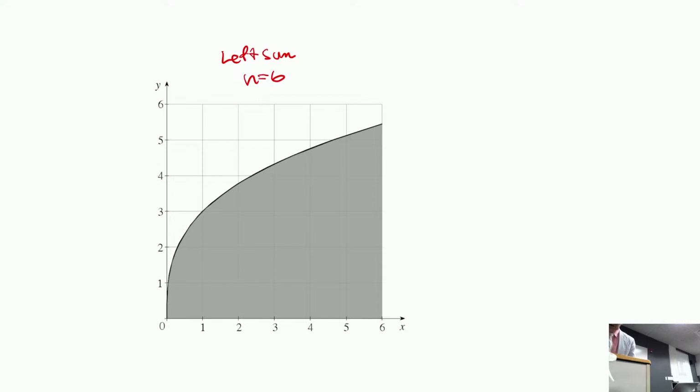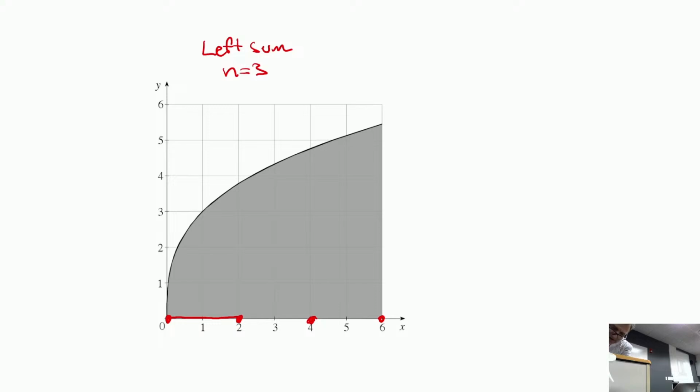All right, let's try n equals 3. I don't know how to make you do it unless I brought this to you, but it's being problematic, so I'll just draw on this. You're dividing this up like this. Those are the bottom corners of my rectangles. As I mentioned, for a left sum, you'll have to trust me that this function has a value of 0 when x equals 0, so it goes all the way down.